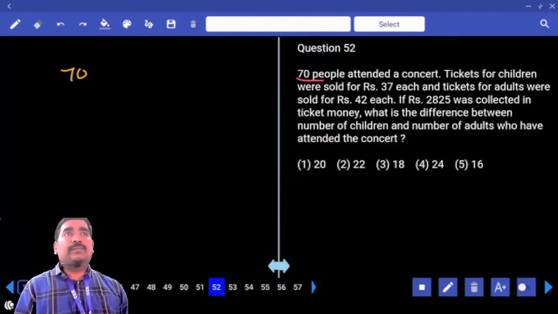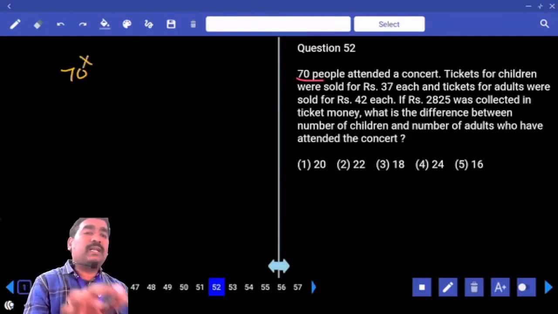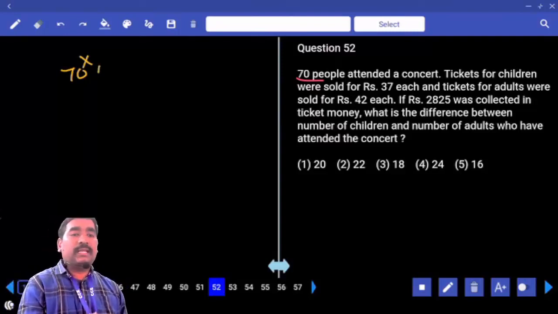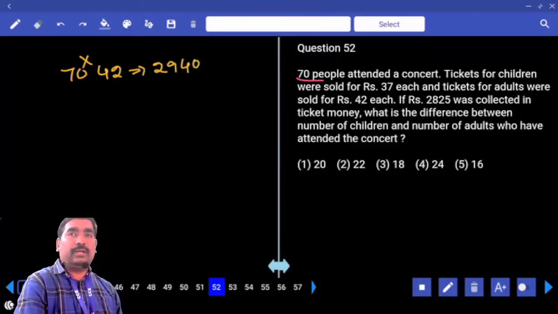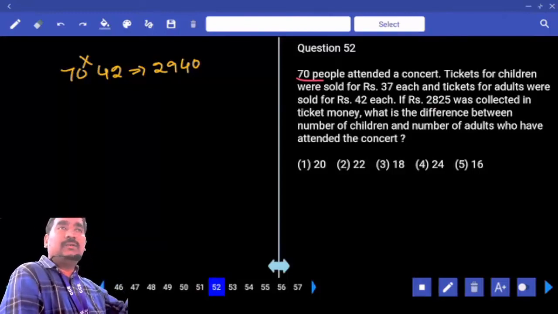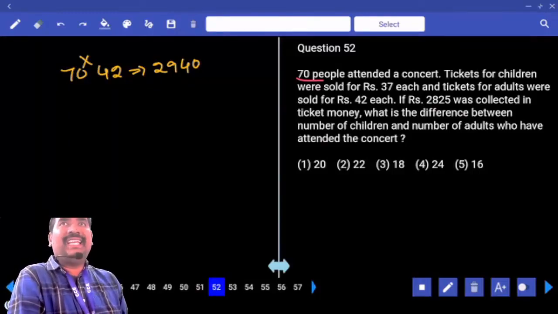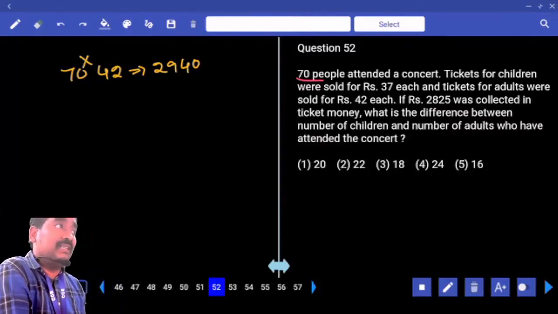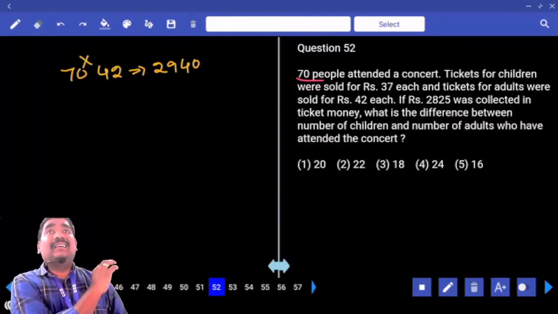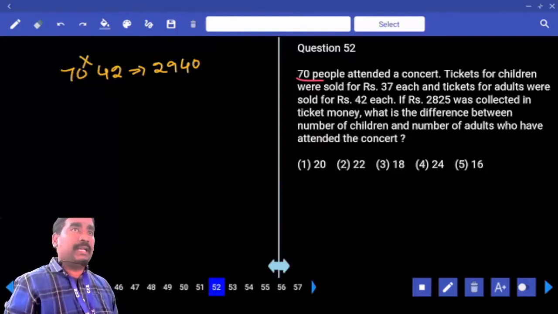Let us assume all these 70 members are adult, then the amount will be 2,940 or not? 70 into 42. 70, 40 times 2800, 2 times 140. 2800 plus 140, how much? 2,940. If all of those are adult, amount is 2,940.